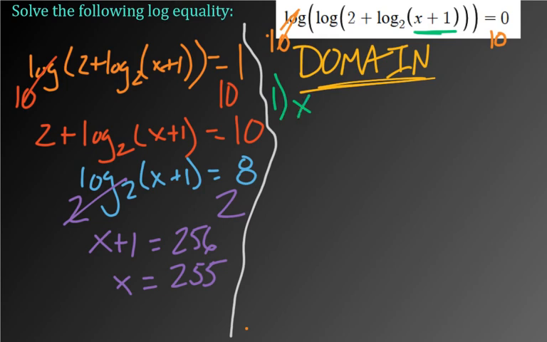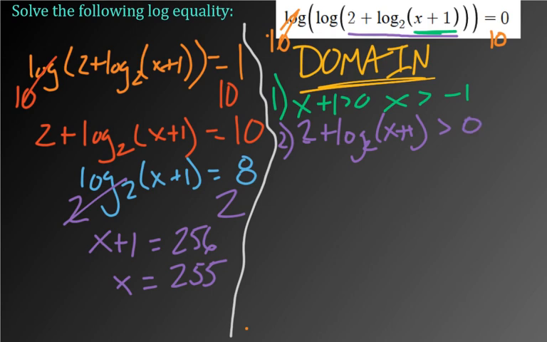So this first log, x plus 1 needs to be greater than 0. X just needs to be greater than negative 1. That thing is definitely greater than 1, so it's going to be fine there. So this next log, that's the inside for this log, right? So now I'm just going to be like, okay, 2 plus log base 2 of x plus 1 needs to be greater than 0.